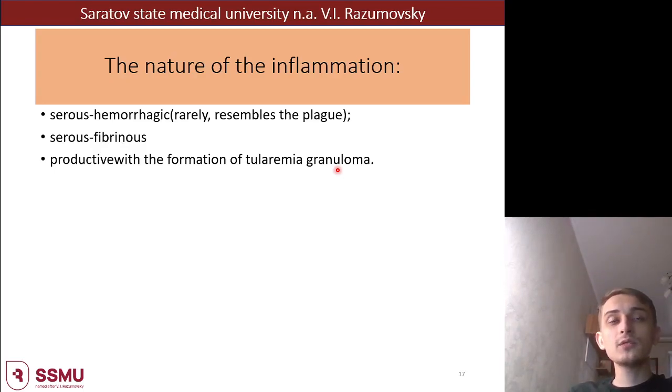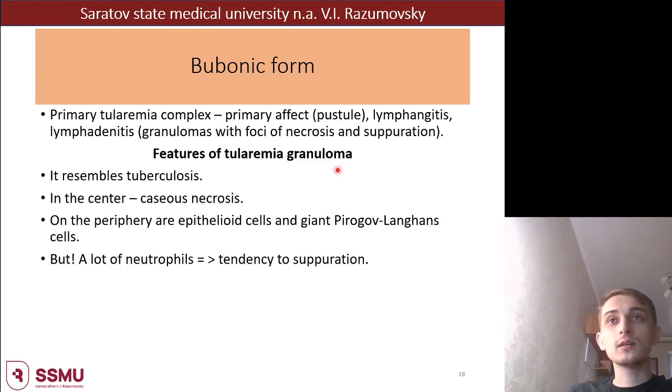The granuloma in tularemia will look the same as tuberculoma in tuberculosis. So we may see the bubonic form in the formation of the primary tularemia complex, which consists of primary affect, lymphangitis, and lymphadenitis.